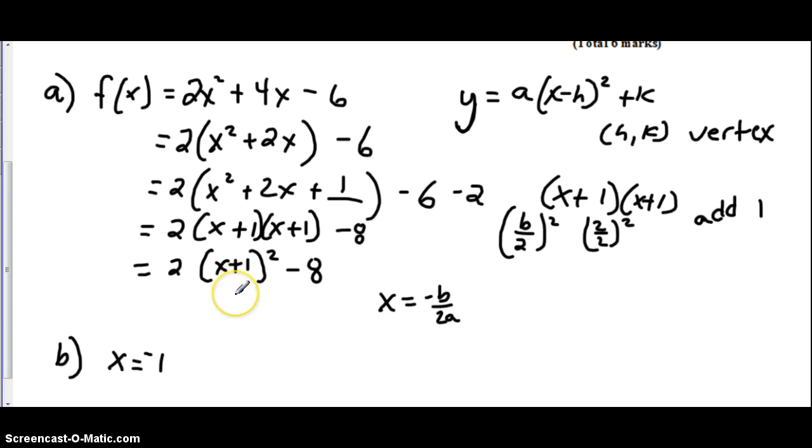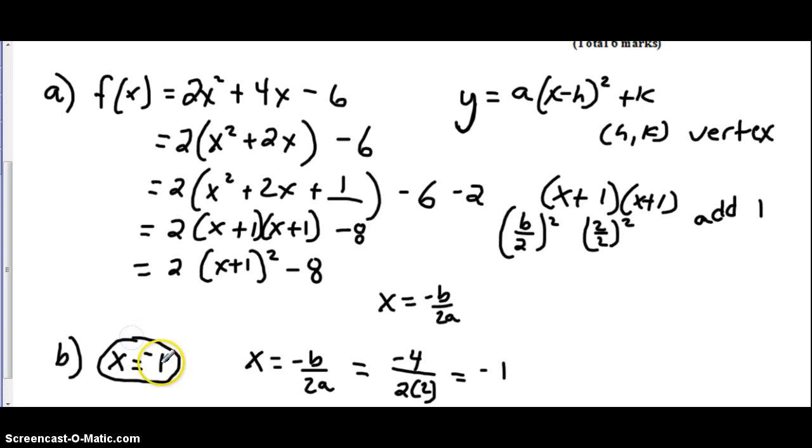So our equation would be x equals negative 1, and if you want to check your work, use x equals negative b over 2a. b is 4, so negative 4 over 2 times a, which in this case is 2, and that would be negative 4 over 4, which would be negative 1. So we know we found it 2 ways: x equals negative 1.